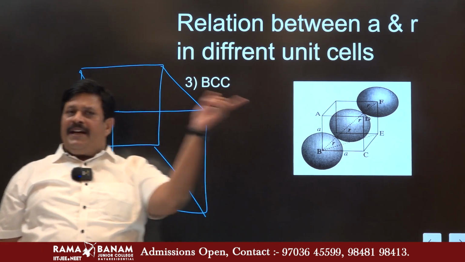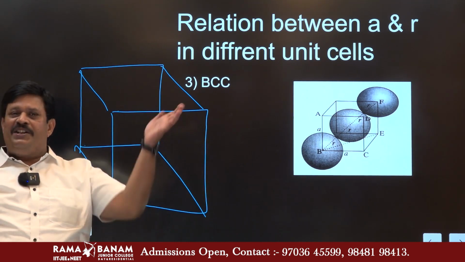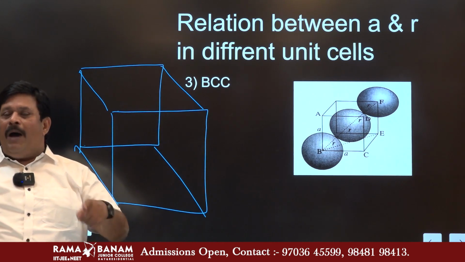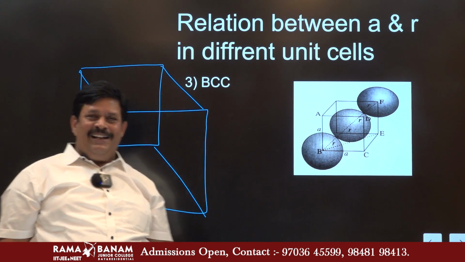In simple cube, particles touch each other along the face edge. In FCC, particles touch each other along the face diagonal. In BCC, particles touch each other along the body diagonal.